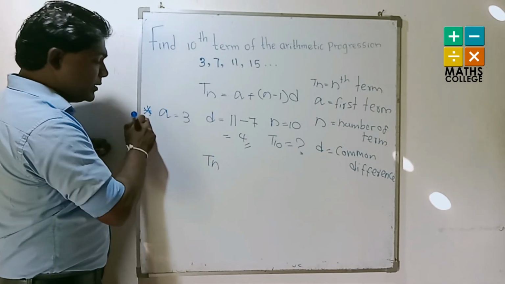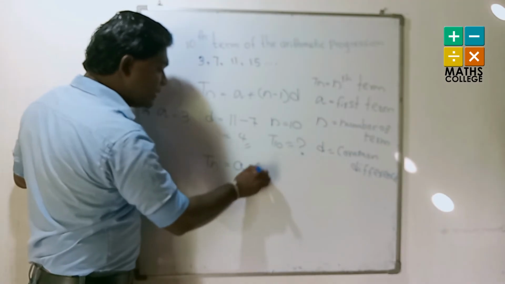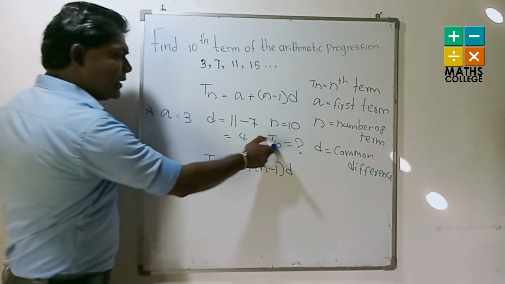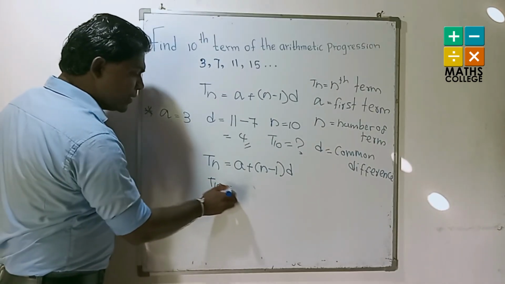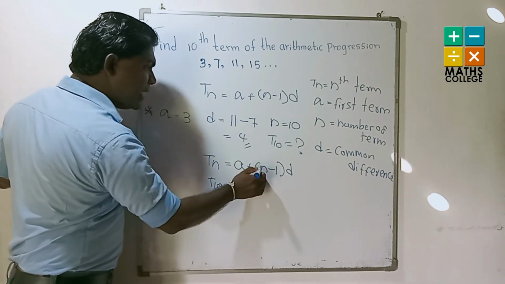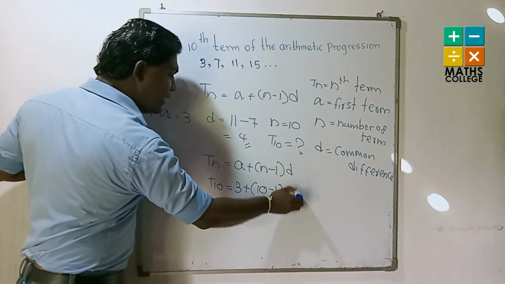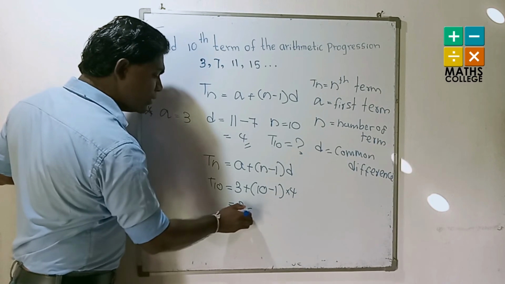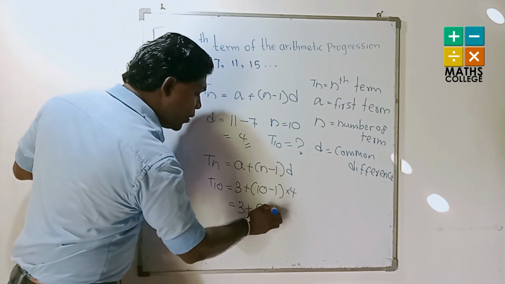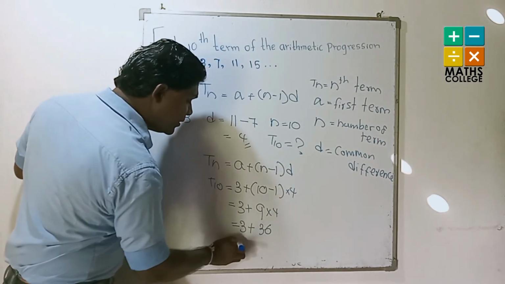Start from this: Tn equals A addition n minus 1 into D. Tn is T10, A is 3, n is 10 subtraction 1, D is 4. 10 subtraction 1 is 9. 3 addition 9 into 4, that is 36.